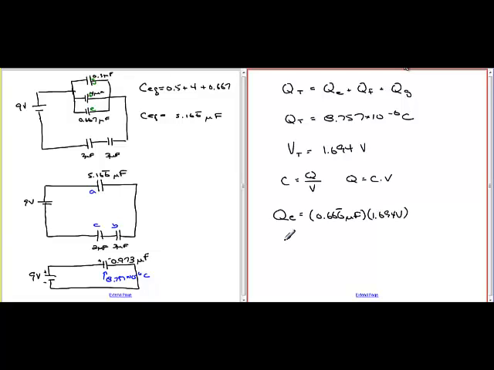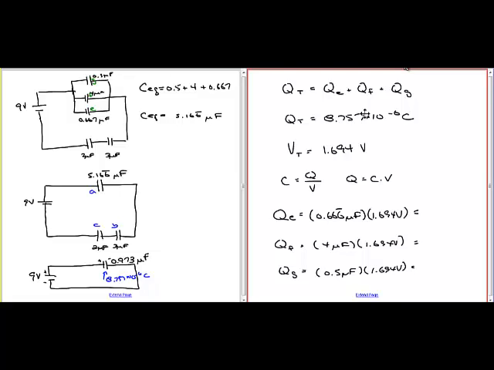And Q for capacitor F is equal to 4 microfarads times 1.694 volts. And QG is 0.5 microfarads times 1.694 volts. So we can do all those calculations. And when we do that and we add them up, we'll end up with 8.757 as a check.